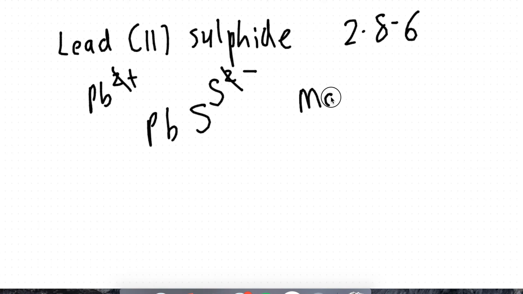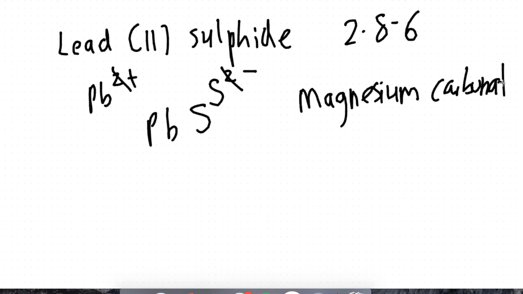Magnesium carbonate. Now students, I know these are a lot of examples, but this is the time to really make you an expert at chemistry, especially in this part. Magnesium is Mg2+, okay? At this point, guys, you don't have to individually prove how to get Mg2+. You already know, it's in your head, Mg2+. Carbonate is CO3 2-. This is in chapter 3 where I explained nitrate, carbonate, sulfate, phosphate.